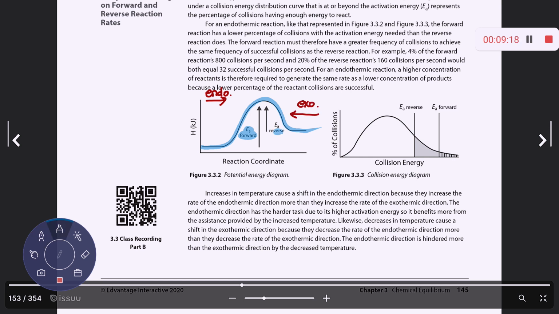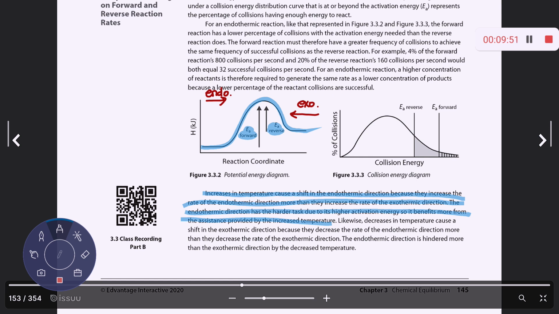And this reverse activation energy is nowhere near as high as it is for the endothermic direction. So that means when you increase the temperature, you're going to notice a greater change in the endothermic rate than you would in the exothermic rate, okay? Because it's harder to convert reactants into products in the endothermic direction, and it will benefit more from an increase in temperature. And they tell you all of that right in here, okay?